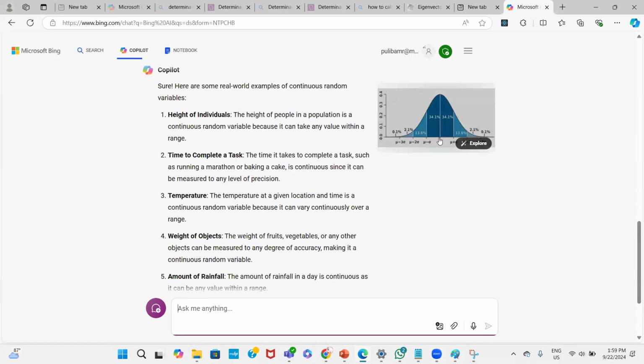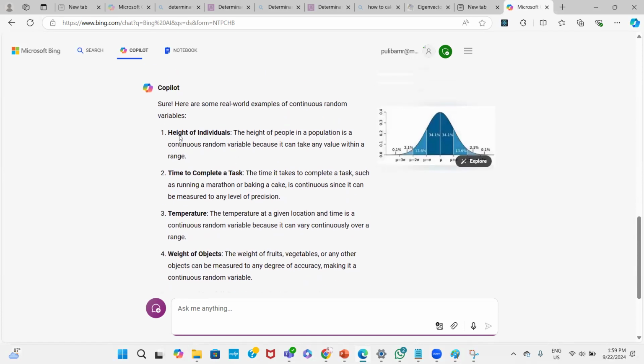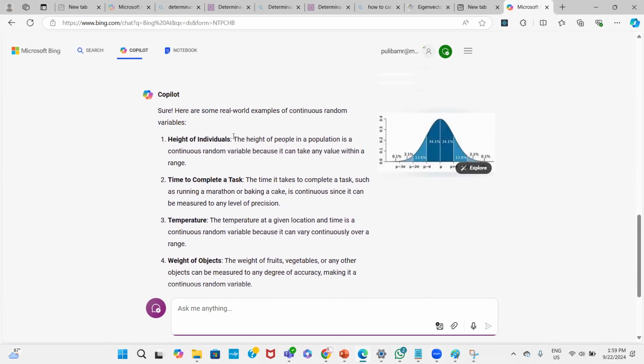This is the normal distribution. Most of the students will fall within this range. We are going to discuss this again. Mu is the mean and sigma is the standard deviation. Leaving all that apart, you're just trying to understand examples of continuous random variables. Heights of individuals can be continuous.